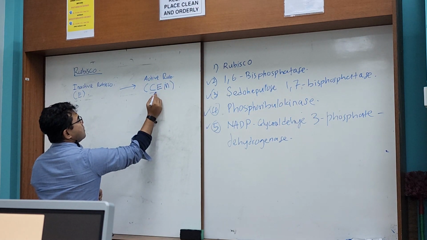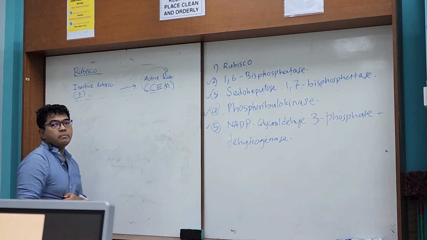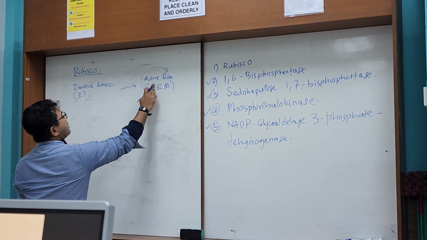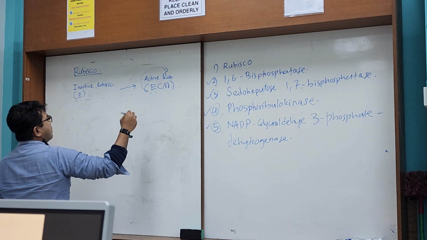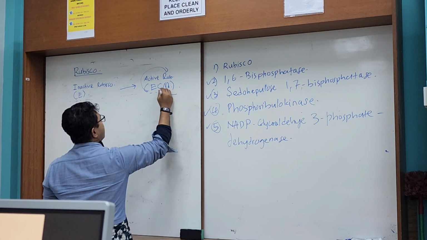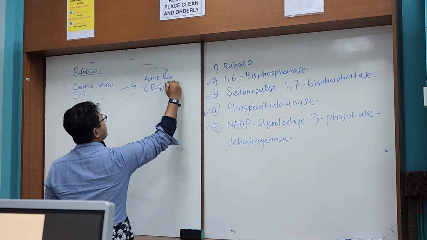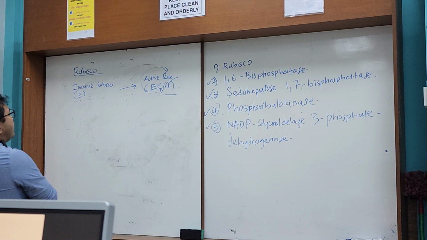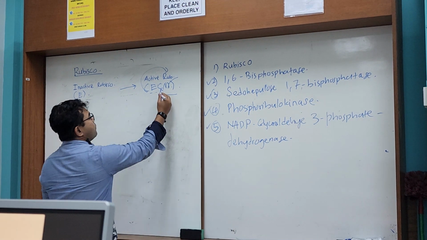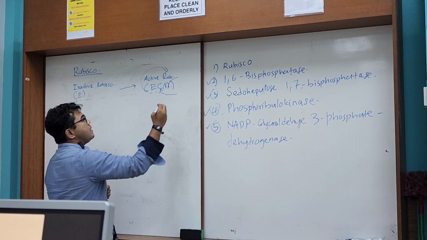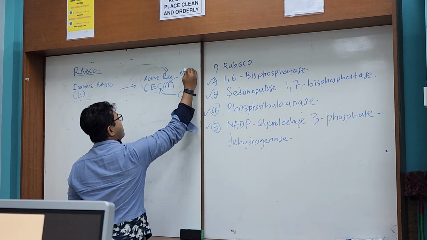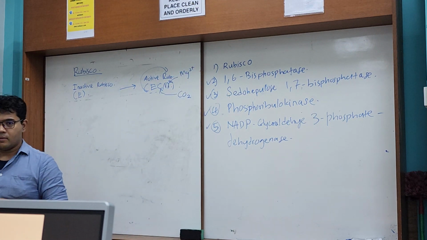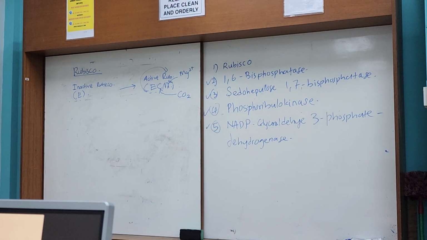So this is referring to the Rubisco, which is the enzyme, E. C is actually referring to the activator of Rubisco. In this case, it is actually CO2. M is referring to the magnesium. Okay, right.